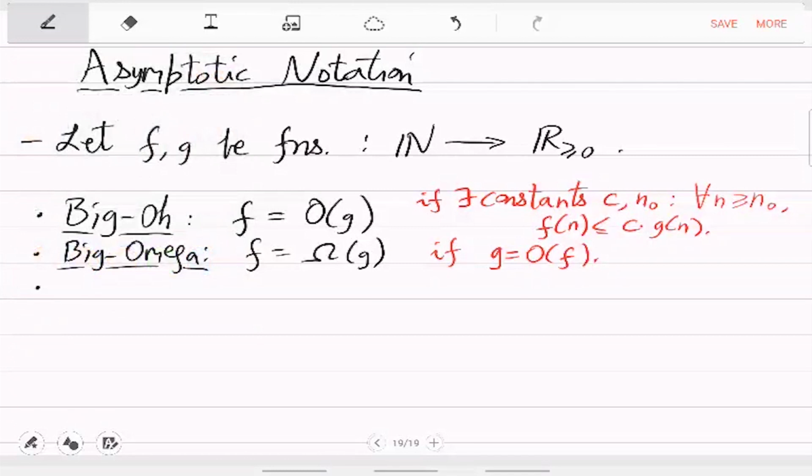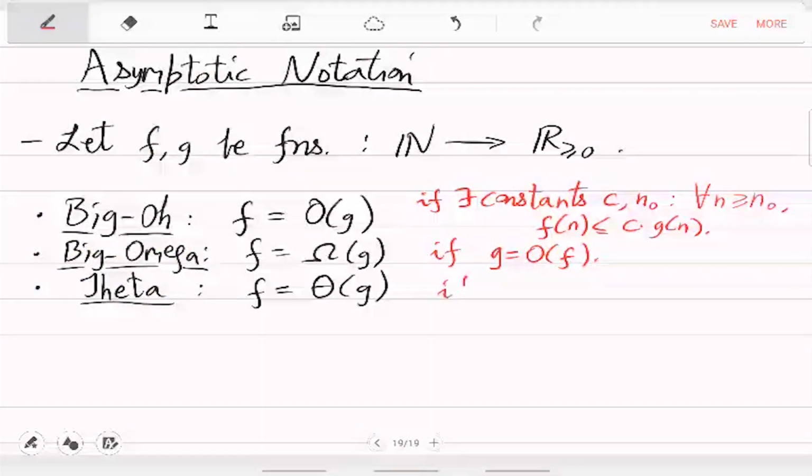Then there is theta, f equal to theta g, which is if both of them are true. So you have both upper and lower bounds.